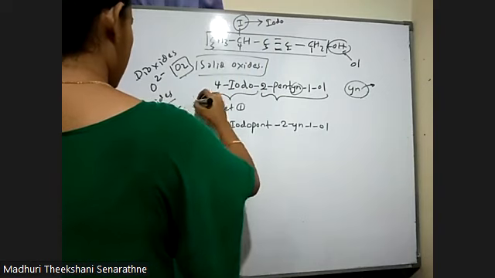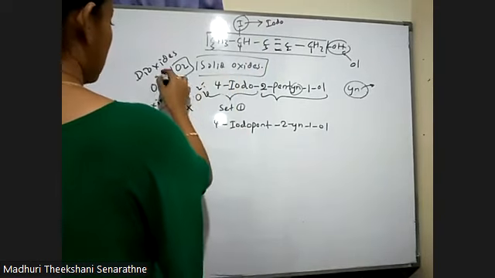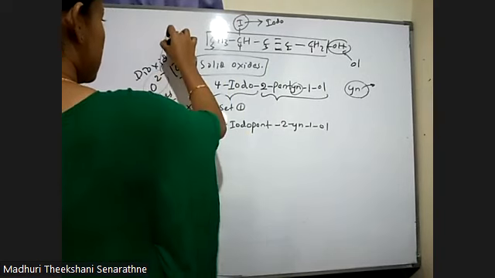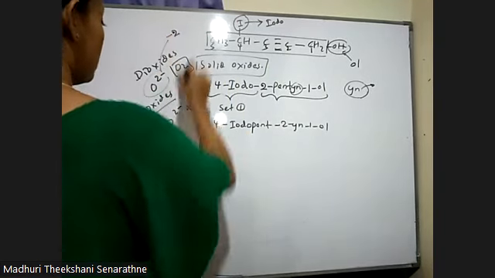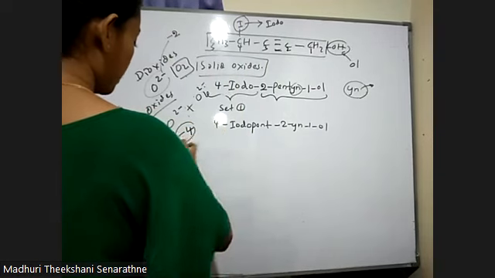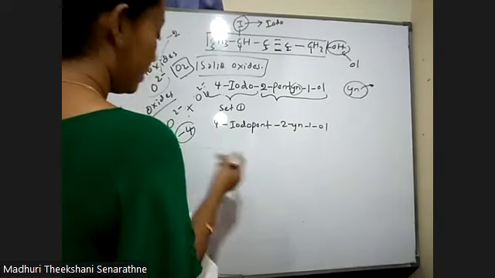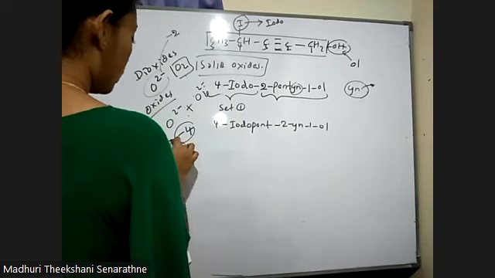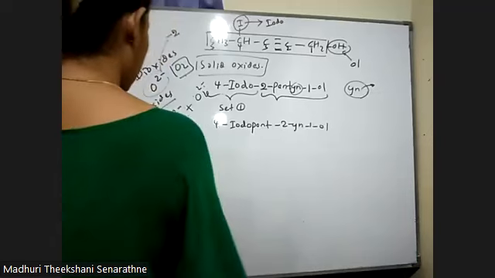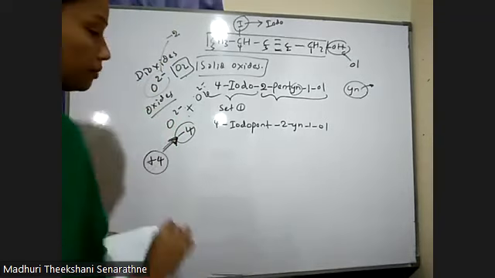O2 minus plus O2 minus. The oxidation number of one oxide is -2. Therefore, two oxides means -4. The particular metal must be able to make a +4 oxidation number.